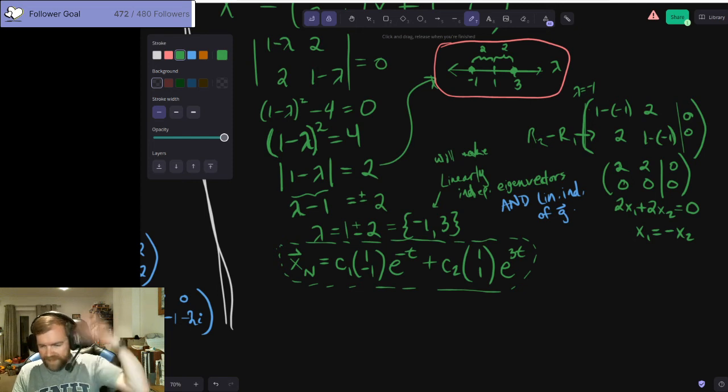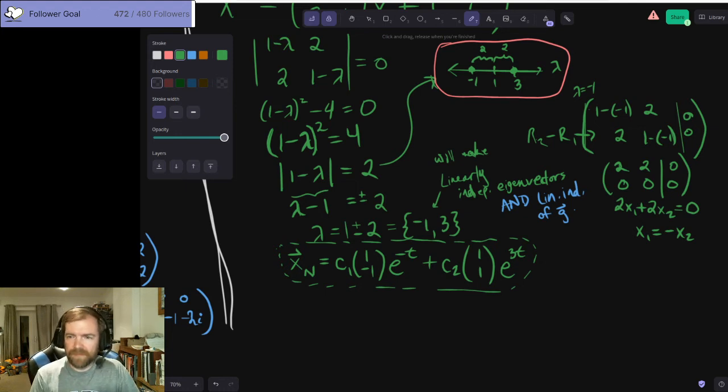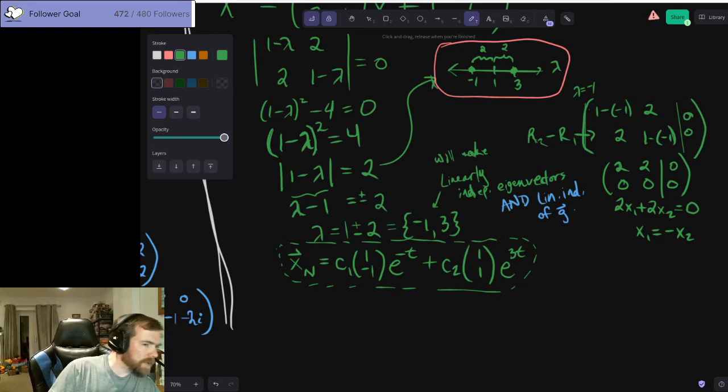I think this is going to be interesting. Where are we going with this content? On Wednesday, in the next couple classes, we are going to talk a bit about locally linear systems.